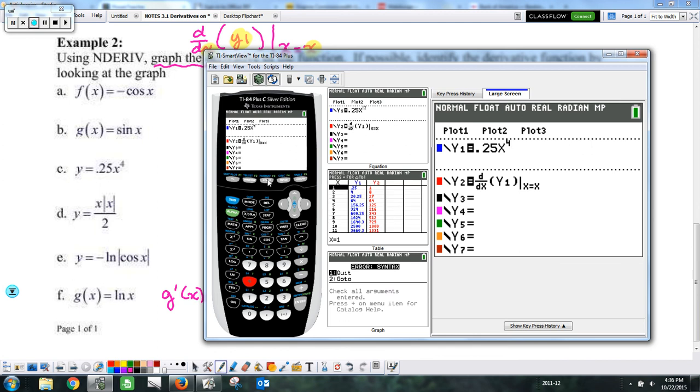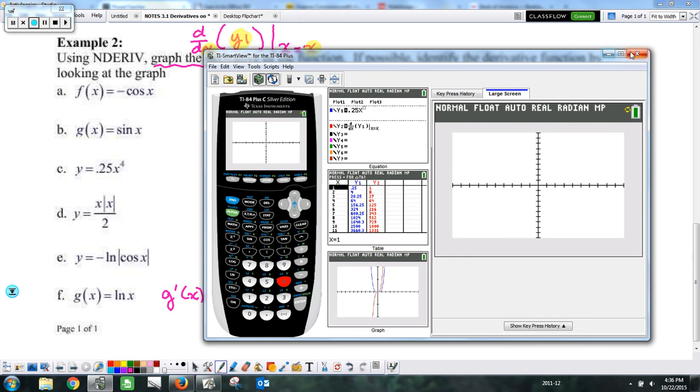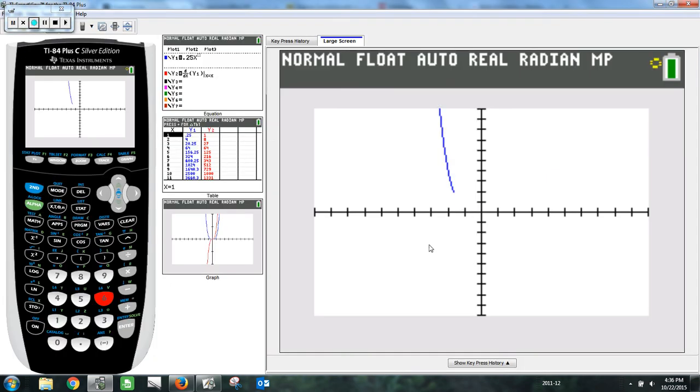All right, and Zoom 6, it's fine. And take a look at that. So here's my 0.25x to the fourth. And then hopefully, slowly, as it's graphing, we should eventually see our derivative.